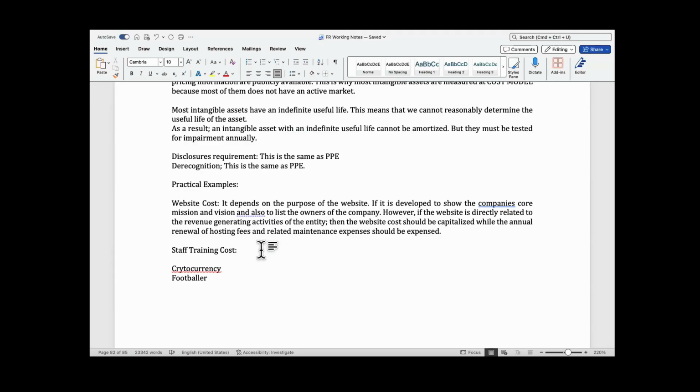So let's go to staff training costs. You spent a lot of money to train your staff to get a skill, to learn how to use a software or something like that. So tell me, can we capitalize that? Can we capitalize that?